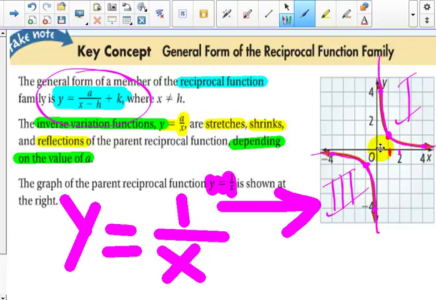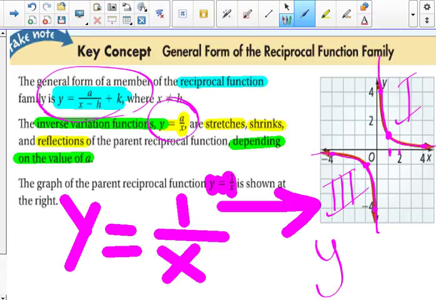All right, so I'm a little ahead of myself. So let's look at what happens to these things as we start shifting values in this formula. As you know, in the inverse variation formula, y equals a over x, that a value is going to do the shrink or the stretch.